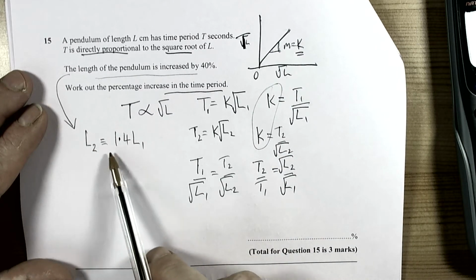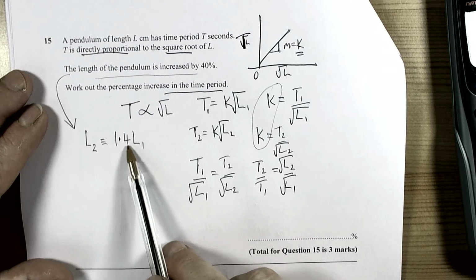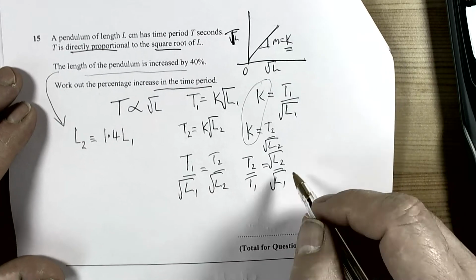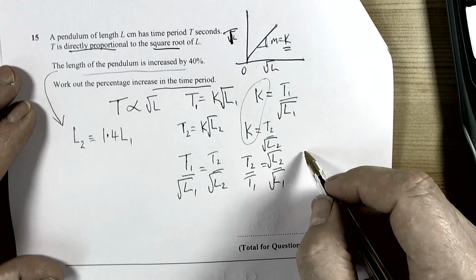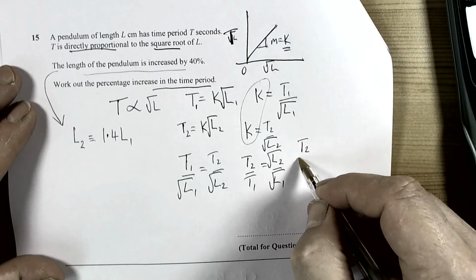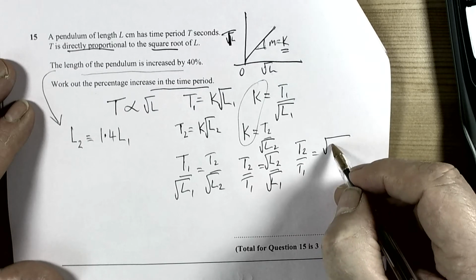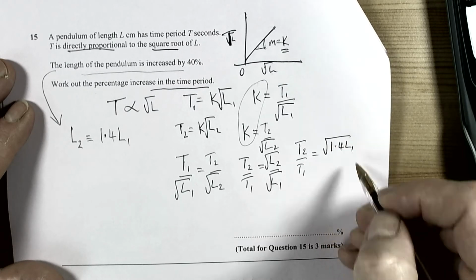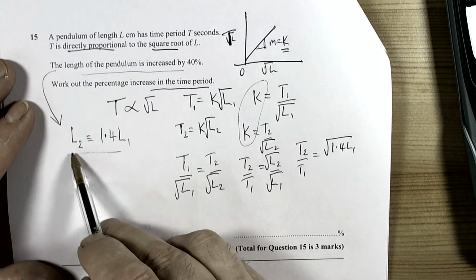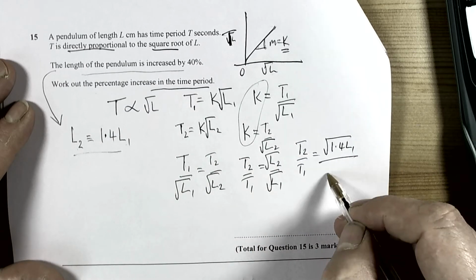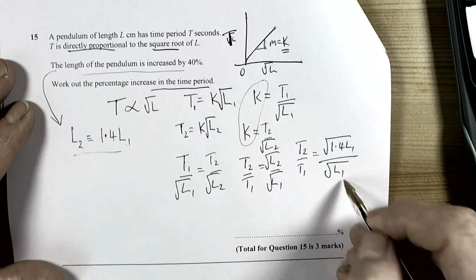We do know that L2 can be replaced by 1.4 times L1 now. So we recognise then that the relationship between T2 and T1 is equal to the square root of 1.4 L1, because that's the pattern between L2 and L1, divided by the square root of L1.